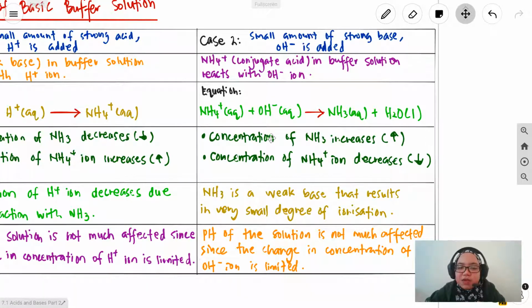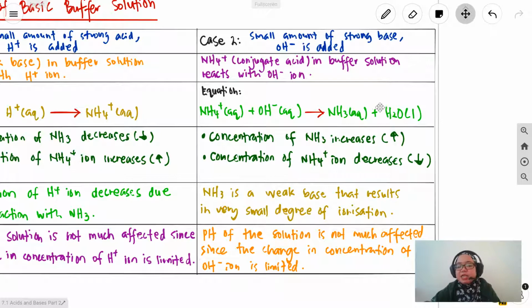Okay, so now NH3 is a weak base that results in a very small degree of ionization. So the pH of the solution is not much affected because the change in concentration of OH- is limited.